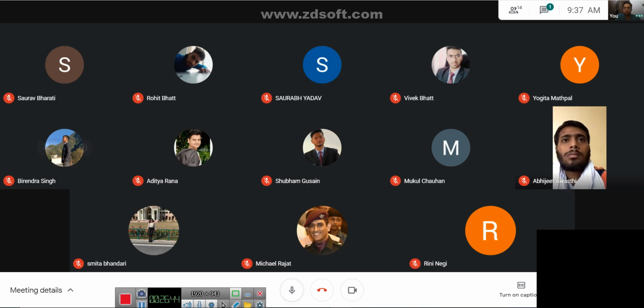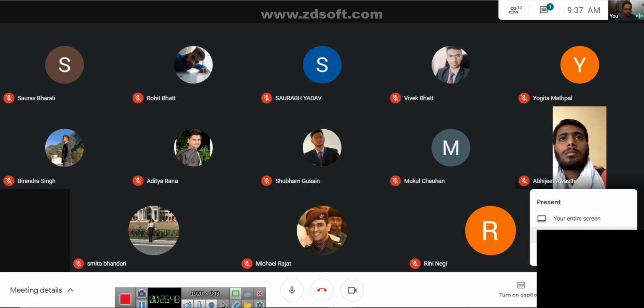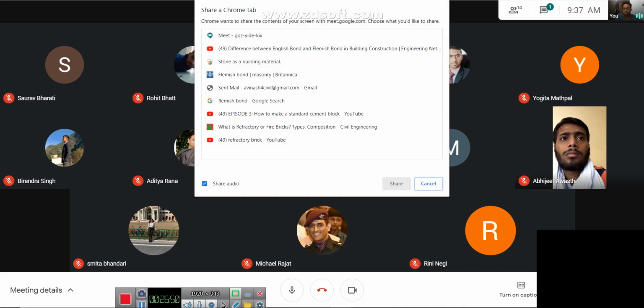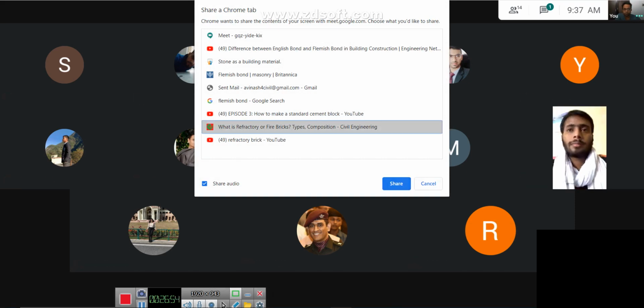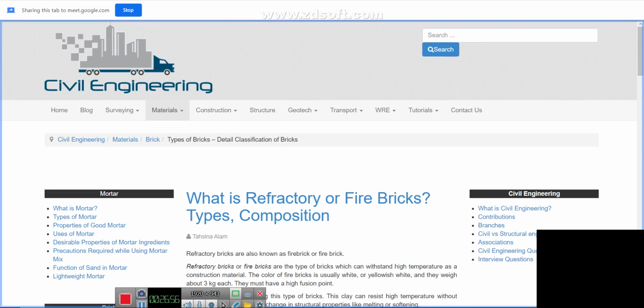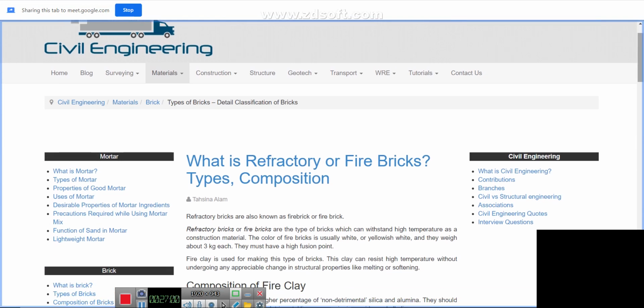Now we are going to study about a different kind of brick that is known as the refractory brick. There is one class of brick known as the refractory brick or a fire brick.